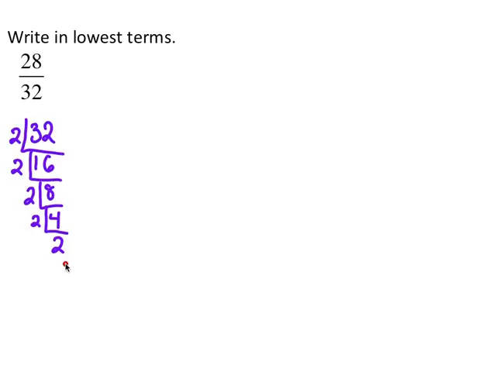Then for the prime factorization, you look at all of the outside numbers that you have. And we list all of those out. So 32 is the same thing as if we wrote 2 times 2 times 2 times 2 times 2. So 5 of them.